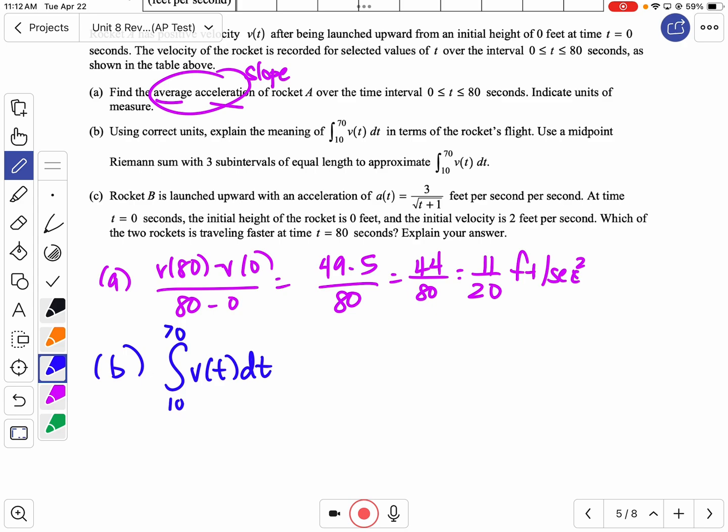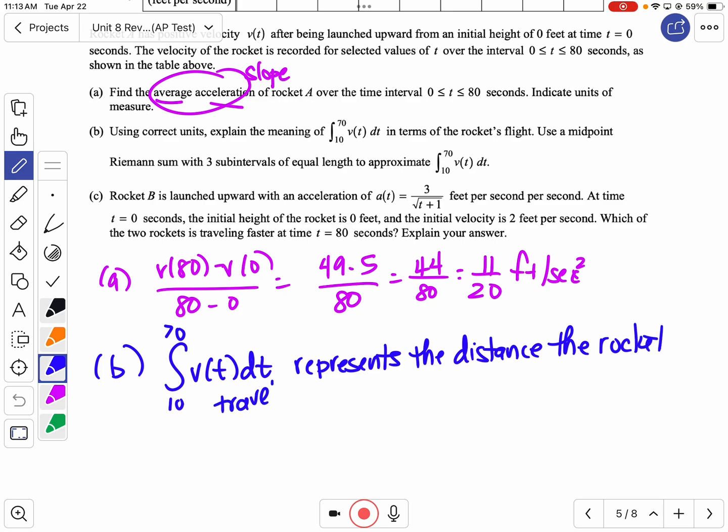All right, this represents the distance the rocket traveled from t equals 10 to 70 seconds. Okay. Now, if that's all you did, you'd get a point. Okay. Because sometimes we get in a hurry and we don't read the other stuff.